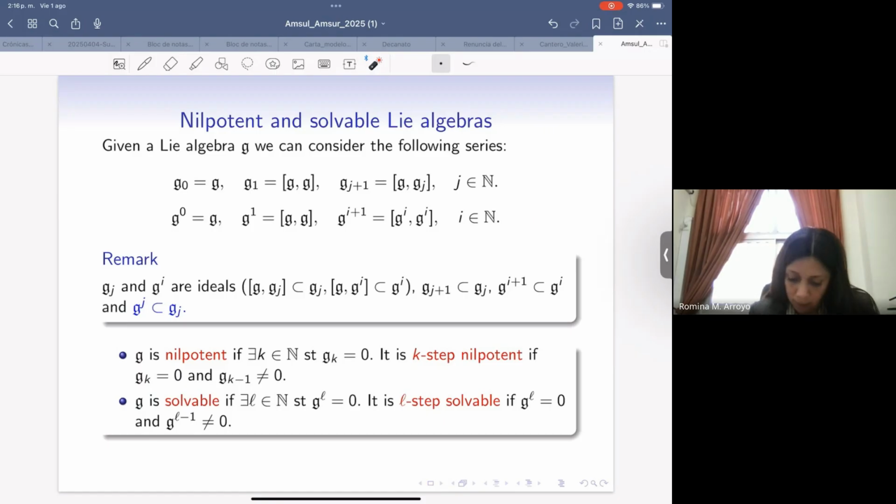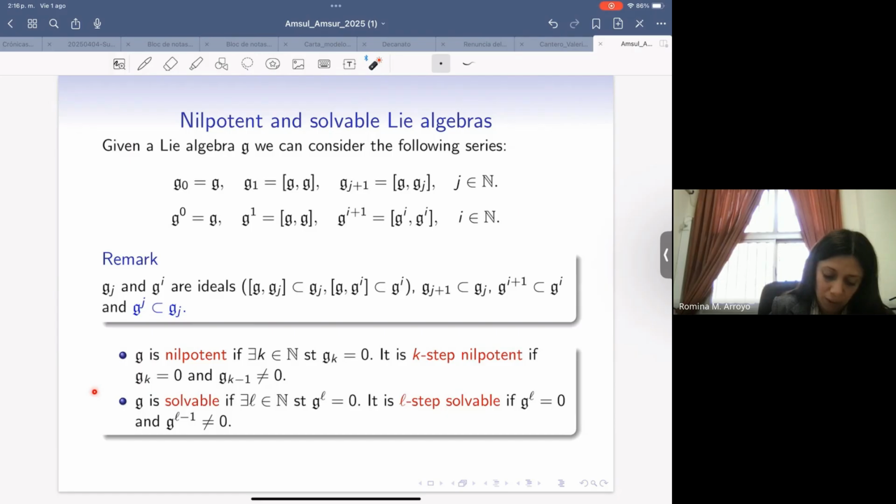And if for some k or some j this is zero, of course, the next ideal will be zero, so many of these ideals are going to be zero. We say that G is k-step nilpotent if k is the first index at which the ideal vanishes, so the previous ideal is different from zero.